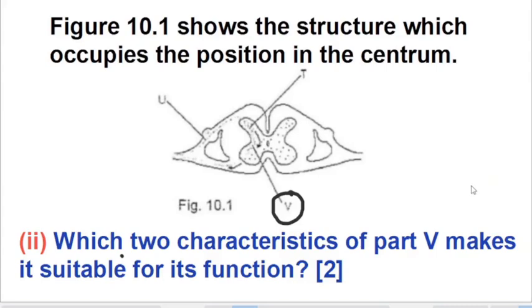One, this part V, which is the distal end of the axons, has the cytoplasm of the synaptic knob that contains numerous mitochondria which ensure enough energy is produced for its function.